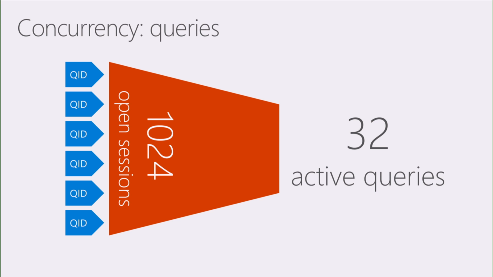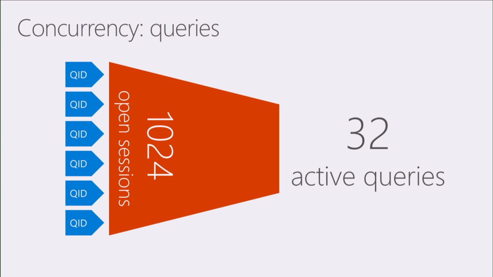Which means that if you have 33 active queries and we have maximum concurrency, then the 33rd query will be queued whilst we wait. Now, the reason we do this is so that we can provide optimum resources to the ones that are running. Because in this sort of data warehouse workload, what you want to make sure is that each query that's being fed in has a good balance of memory, CPU, and I/O to be able to get through the workload as quickly as possible.